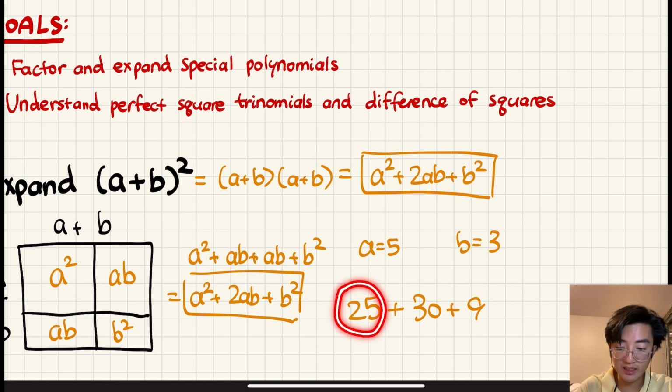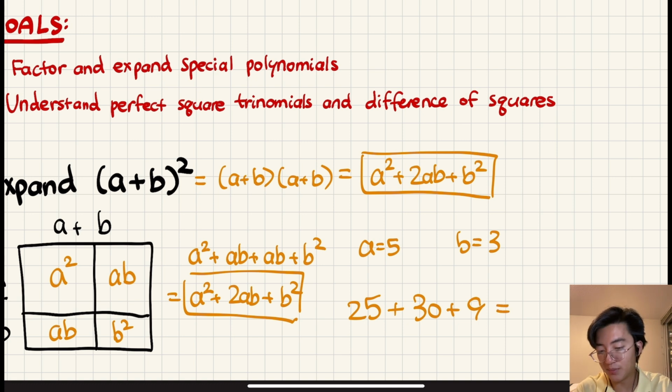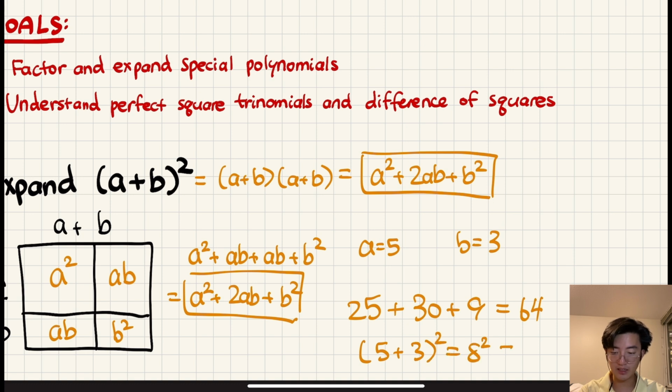We notice that 25 and 9 are both perfect squares. When we add them up in this hypothetical question, we get 25 plus 30 plus 9, which is 64. This is the same thing as 5 plus 3 squared, which is 64. So this is just a shorthand way of dealing with this pattern.